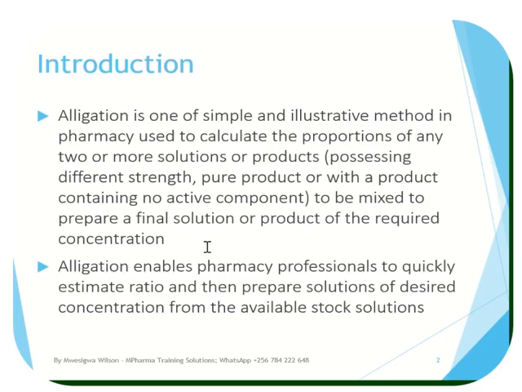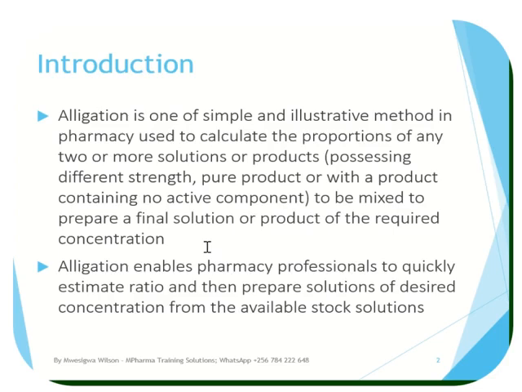So in this method, you are having unlike dilutions where we are diluting a product. Here we're having two or more products which have concentration, and you're trying to mix them together to prepare a final product of the required strength.